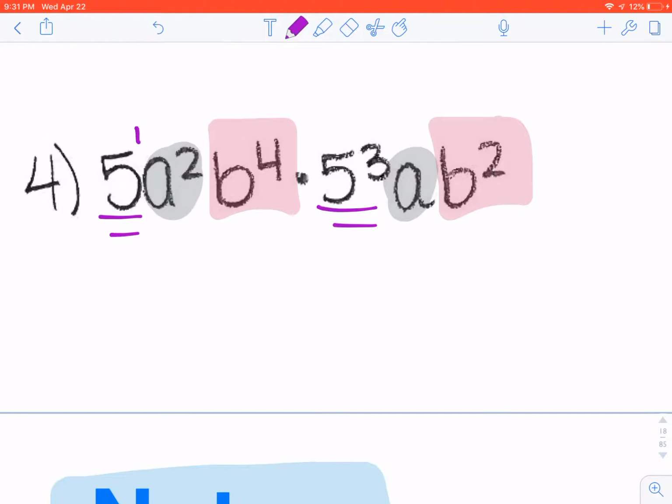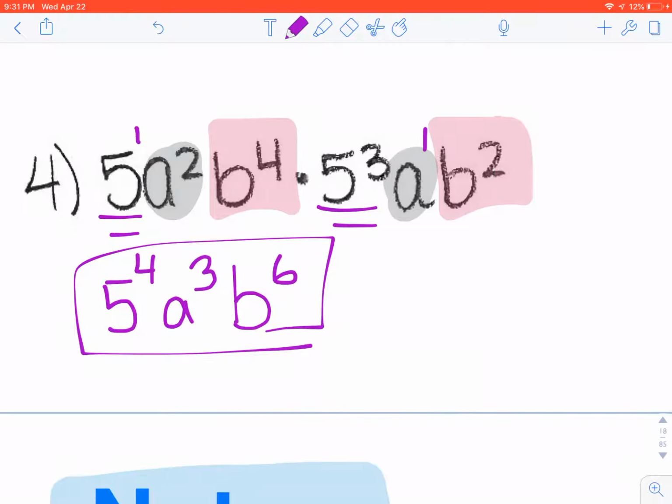Okay? So you rewrite your 5. 1 plus 3 is 4. You rewrite your A. 2 plus 1 is 3. Rewrite your B. 4 plus 2 is 6. So 5 to the 4th, A to the 3rd, B to the 6th.